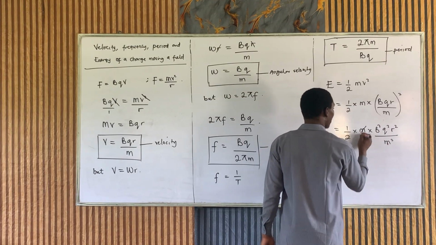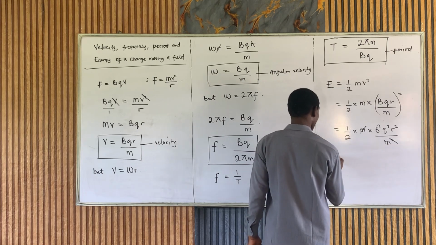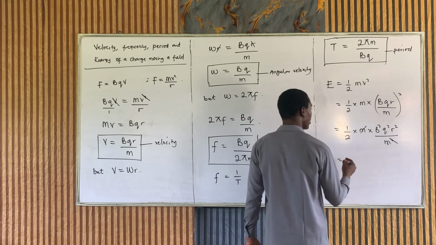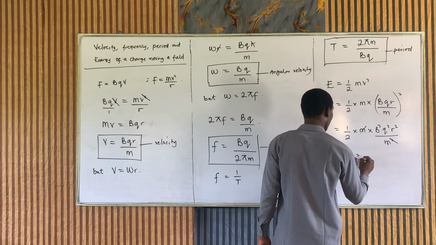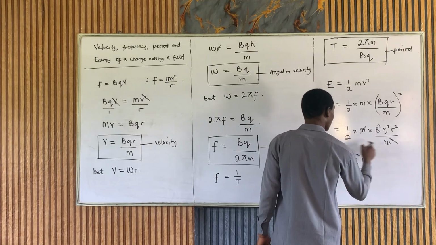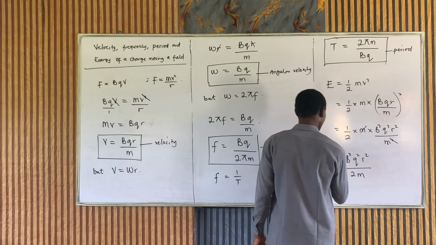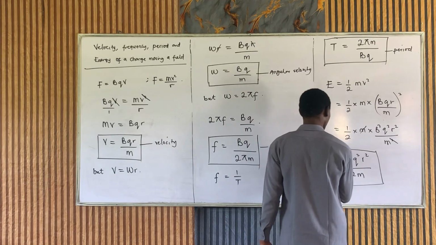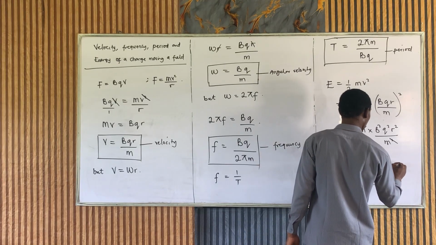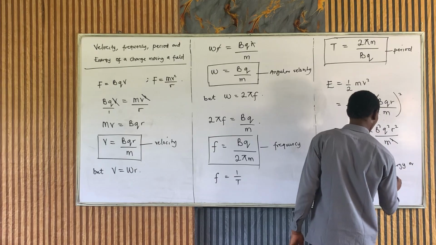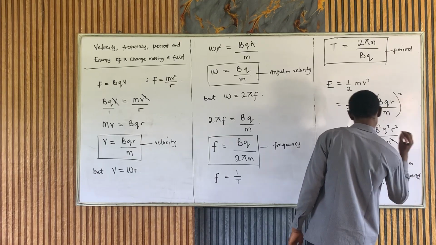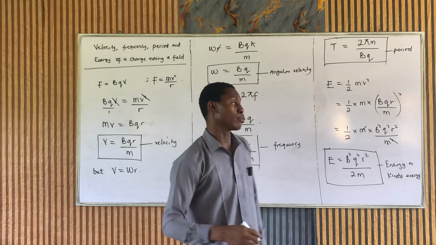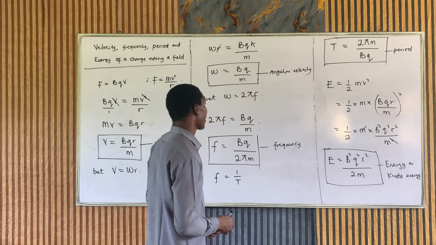Right here, we eliminate one of the m's. So this will give us that the kinetic energy is equal to B squared Q squared R squared over 2m. This is the equation for kinetic energy. Actually, the energy we're talking about is kinetic energy because the electron is in motion. So that's that about this.